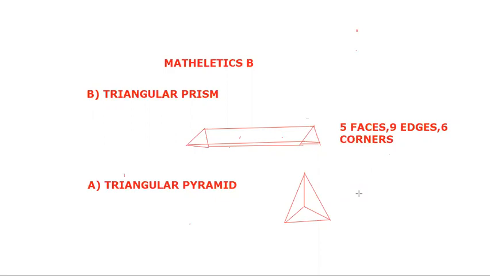So in case of this triangular pyramid, how many faces are there? There are 3 triangles standing. This is 1, this is number 2, and this is number 3. And 1 triangle at the bottom. So there are in total 4 faces. How many edges? As many straight lines as you can see.